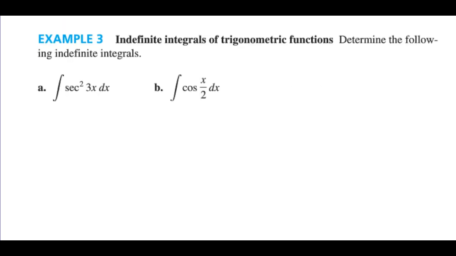So this one says, what can I take the derivative of to get secant squared? We just talked about it. That's tangent 3x, but instead of multiplying by du, I divide by du, and that's where the 1/3 comes from. The integral of cosine, let's not worry about that 1/2 yet. What can I take the derivative of to get cosine?